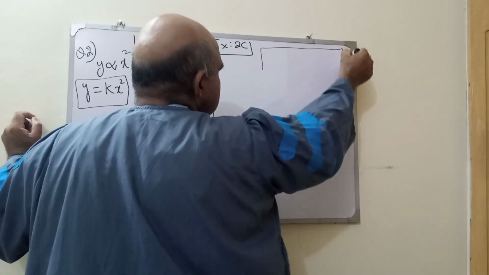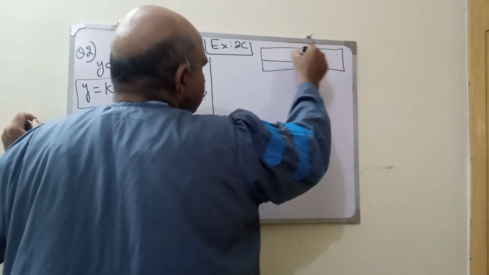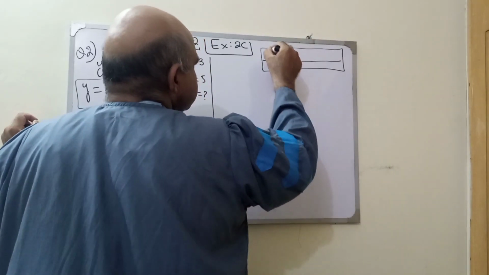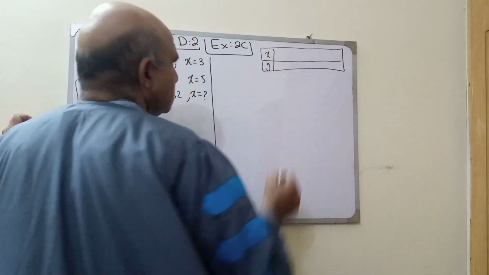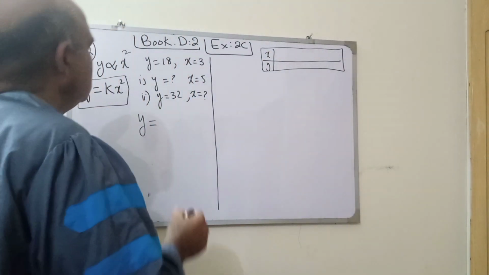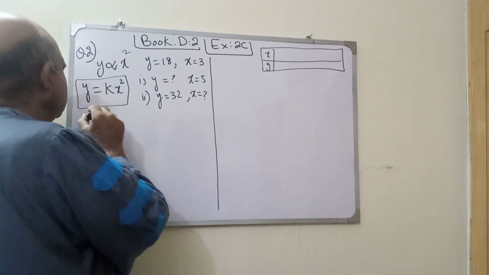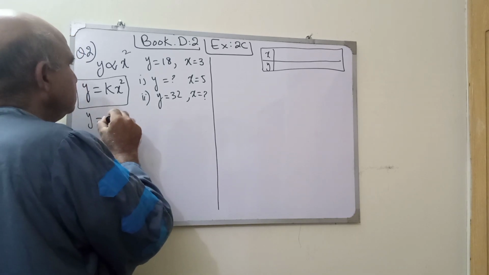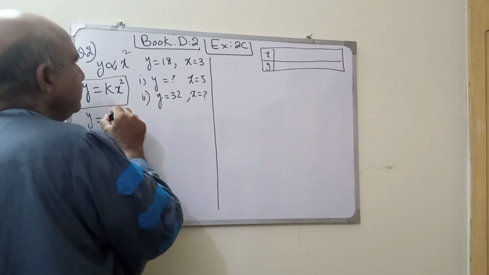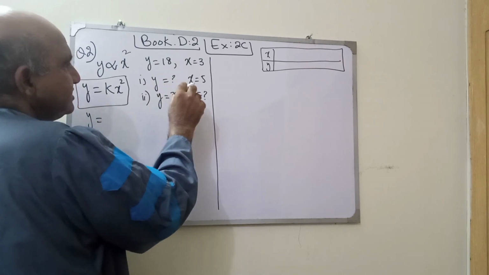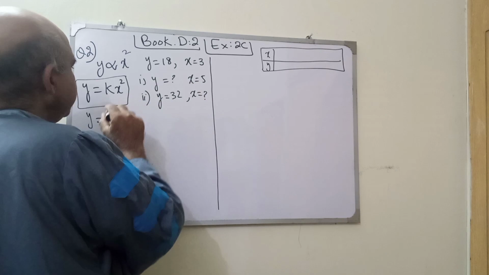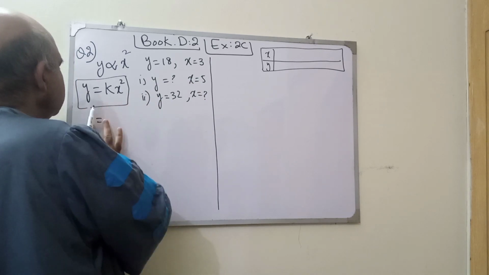Now for part 1, maybe we need to draw the graph as well here. Now, what is the k? We have to find the value of k first.